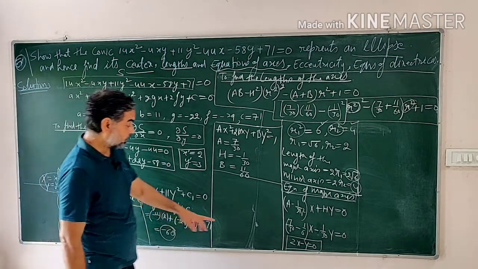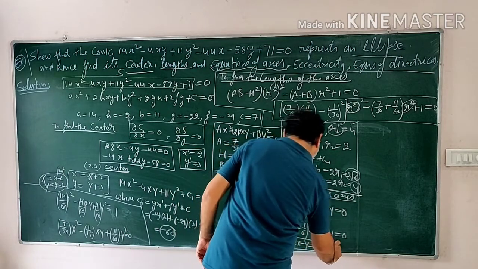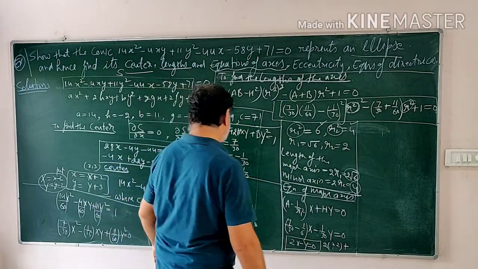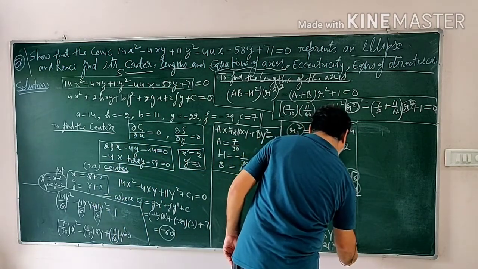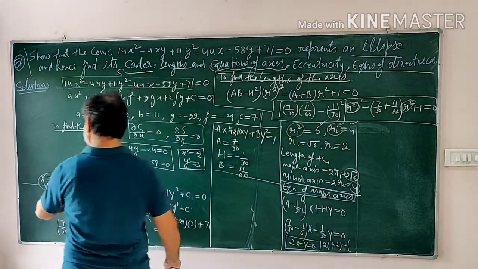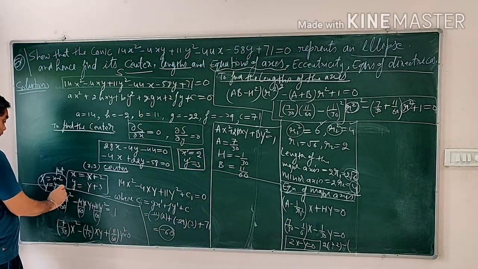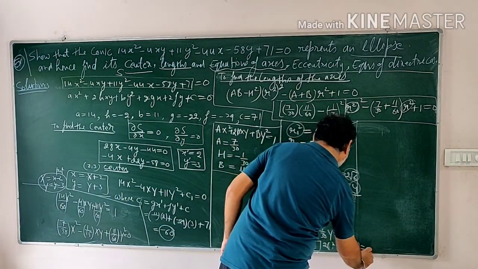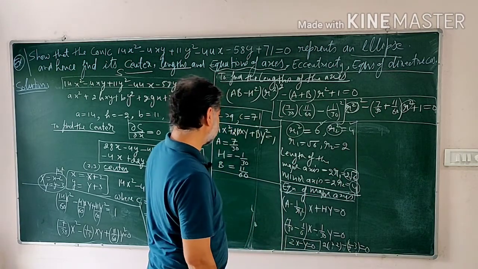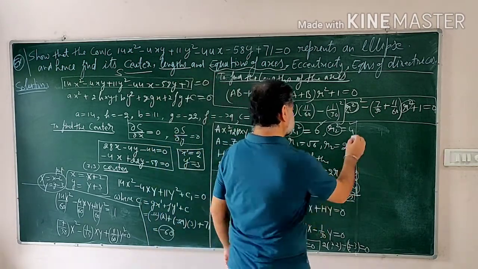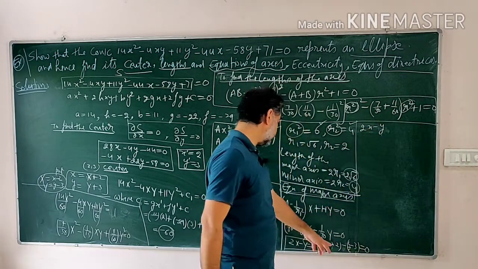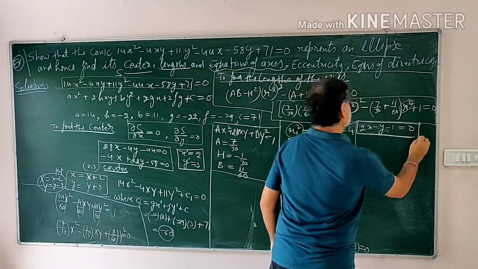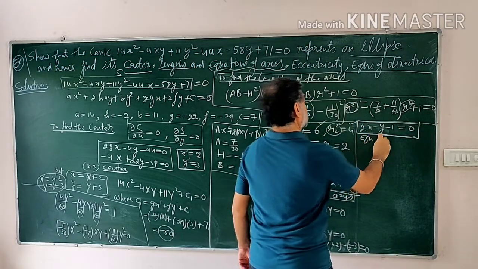So if you replace capital X by x minus 2 and capital Y by y minus 3, the equation can be written as 2x minus y, and minus 4 plus 3 is minus 1, equal to 0. So this is the equation of the major axis.